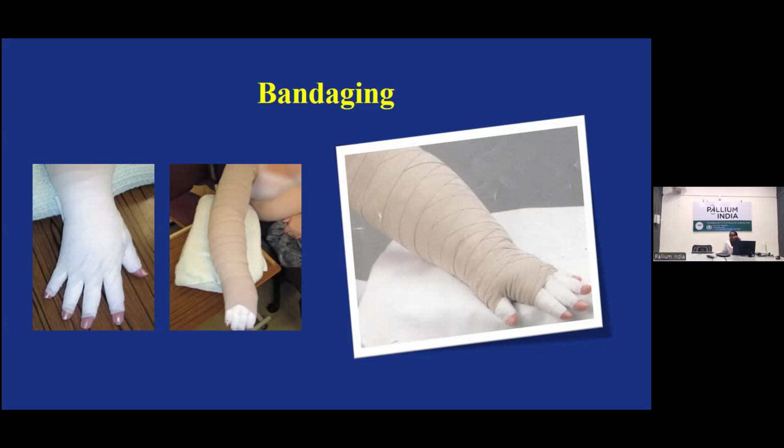If they are using crepe bandages, they need not remove them at night, because when the edema comes down, the crepe bandages automatically loosen. So they can wear them during the night also.